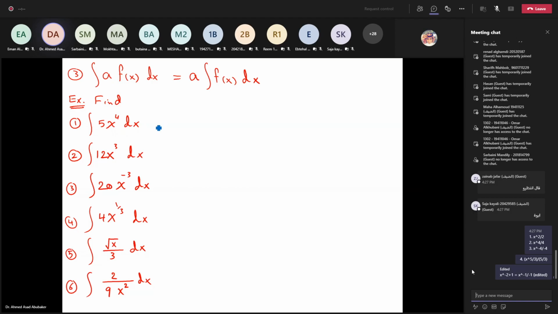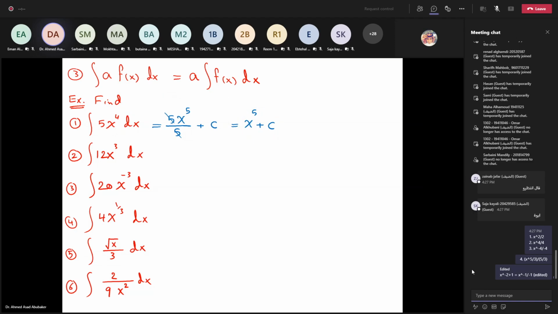The first exercise, this is equal to 5 times x to the power 5 over 5 plus c. Now we can simplify more by removing 5 with 5, so we have x to the power 5 plus c. Look at this result: if we find the derivative of this one, it must equal the expression inside the integral.